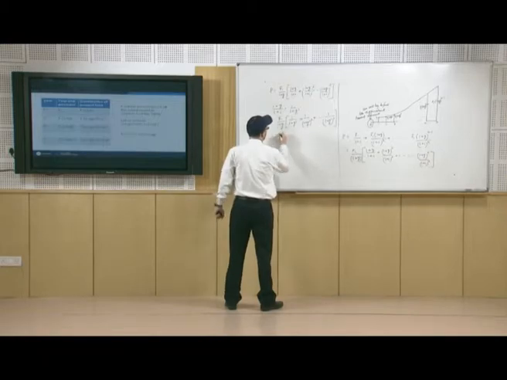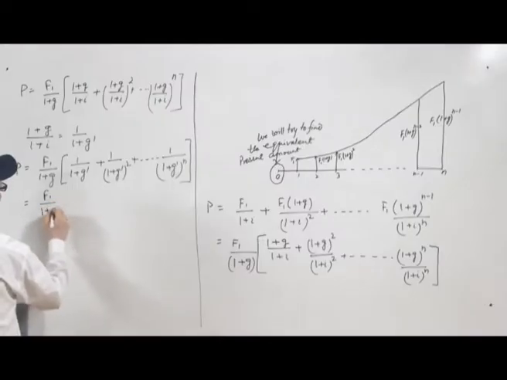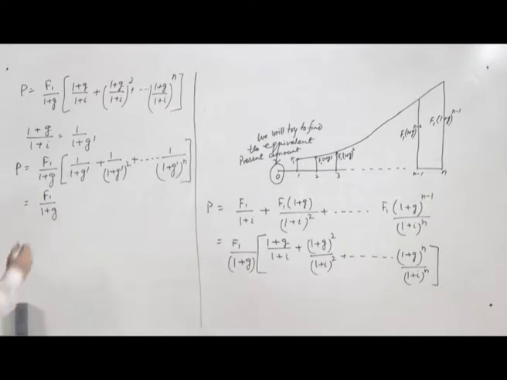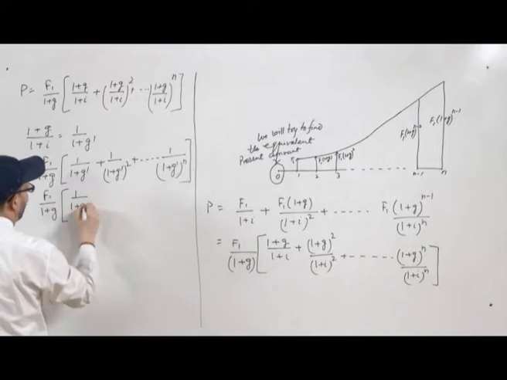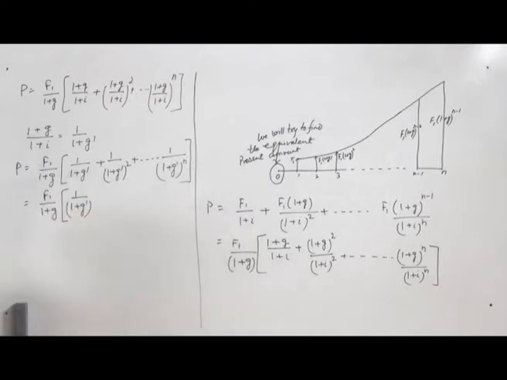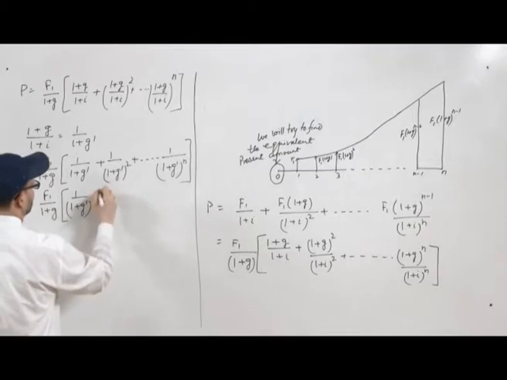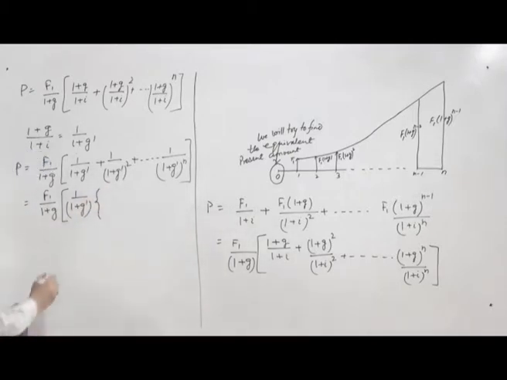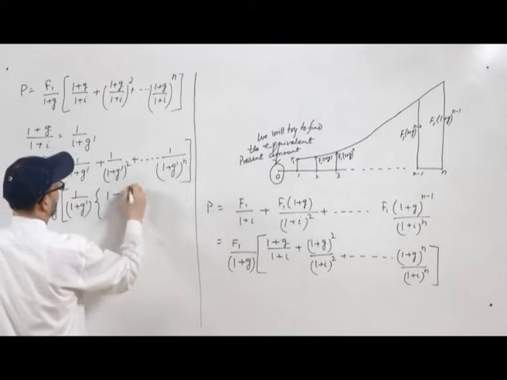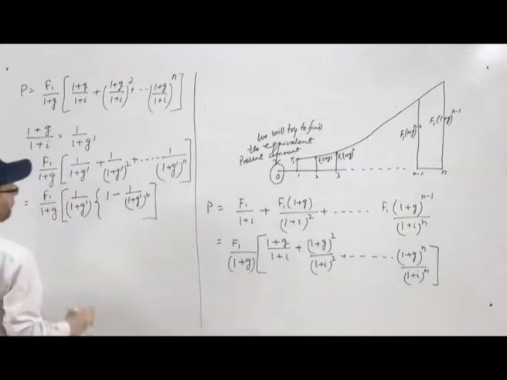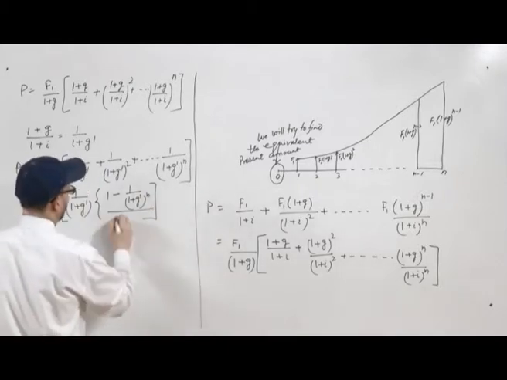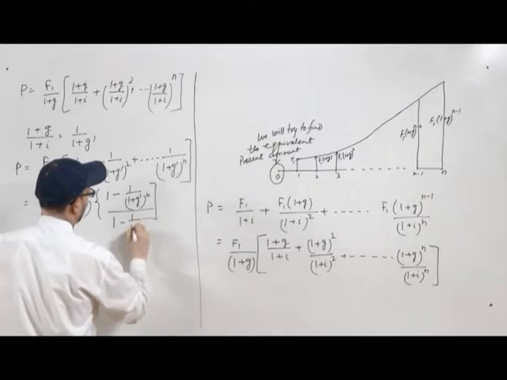For this, f1 by 1 plus g, so a into 1 minus r to the power n, where r is 1 by 1 plus g prime, so 1 minus 1 by 1 plus g prime to the power n, divided by 1 minus 1 by 1 plus g prime.